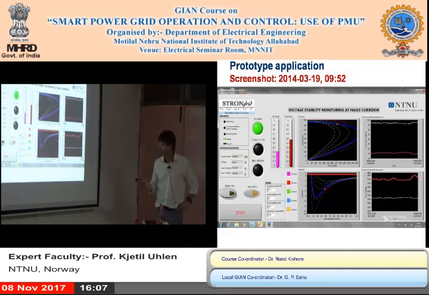And this is the indicator that we have developed that I will explain later on. But this is based on an online sensitivity calculation. And it's perhaps not intuitive, but when you're used to it, it's actually very good information, because basically it says that if you are on the slope here, you are safe.